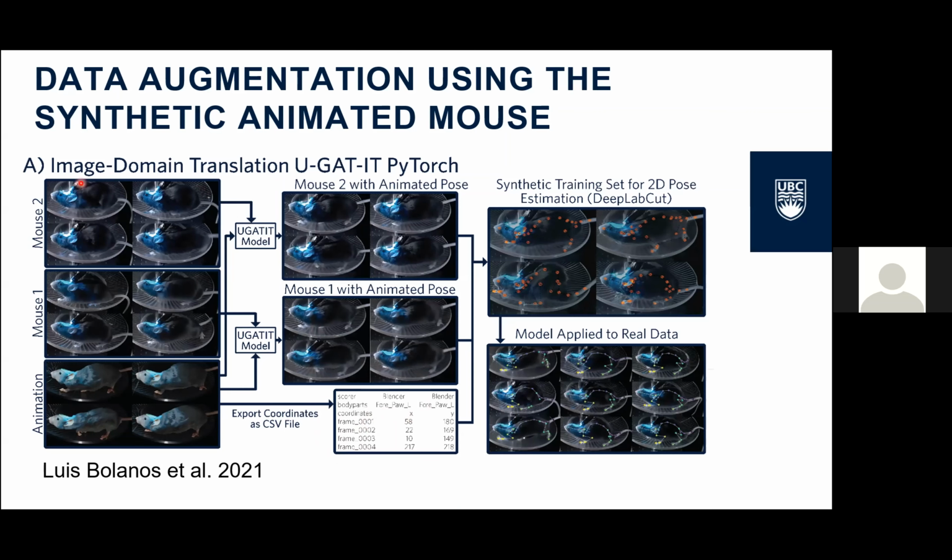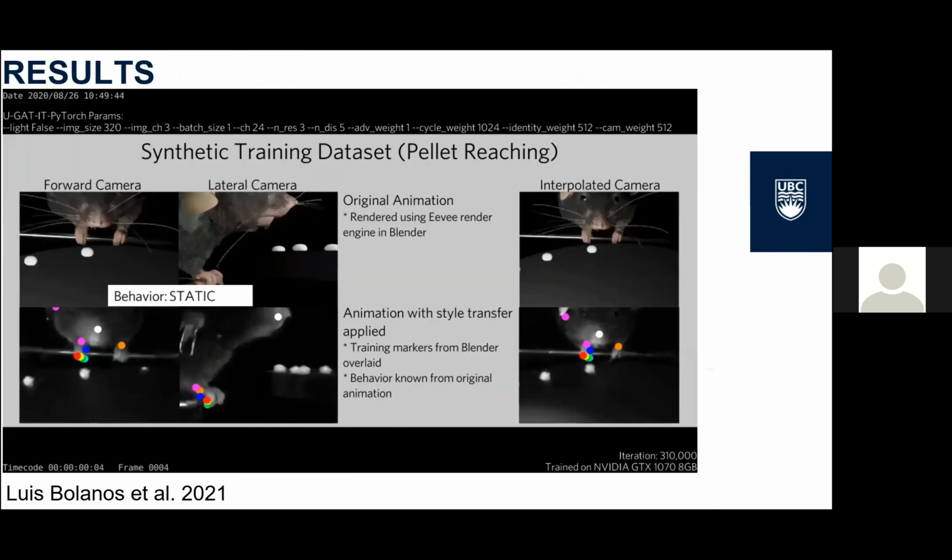Then we can use the UGATIT model to transfer our simulated animation into more realistic video. And then we can pack those images with labels and send them to DeepLabCut to train a model. After the model is well trained, we can apply it to the real unlabeled data and get the coordinates of our desired body parts.